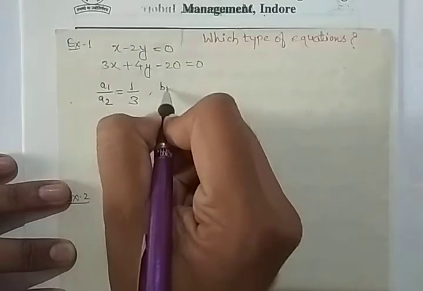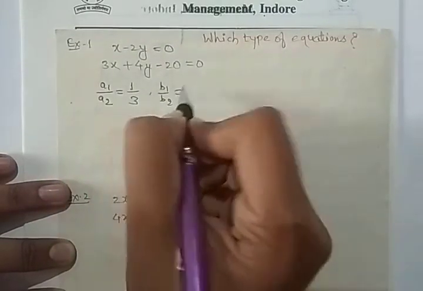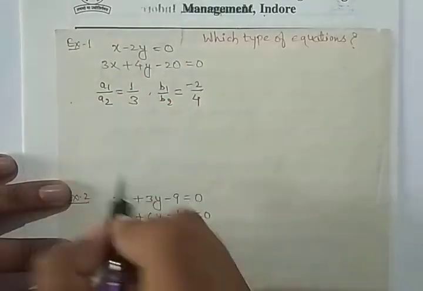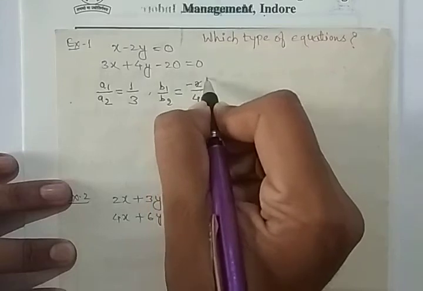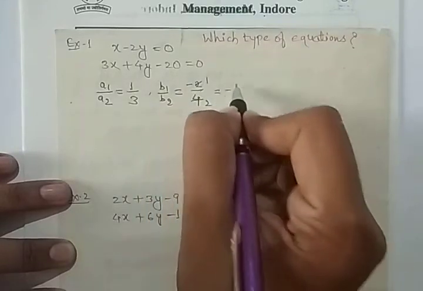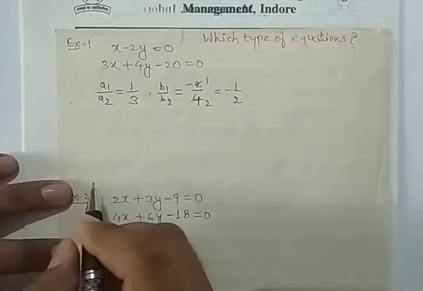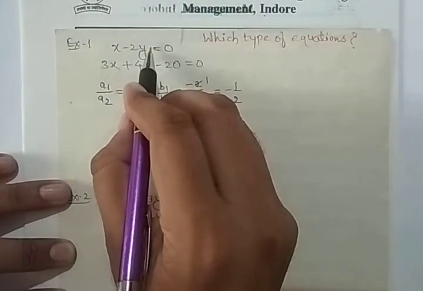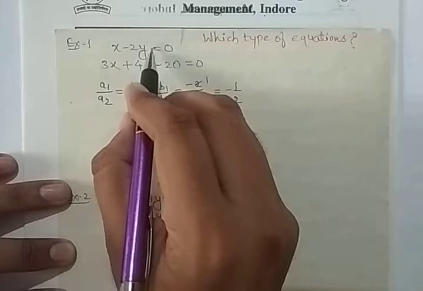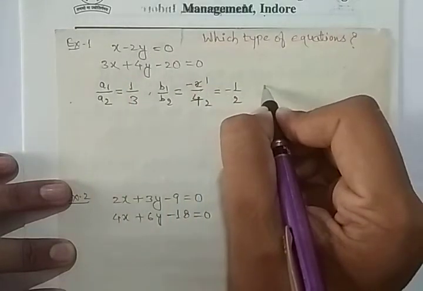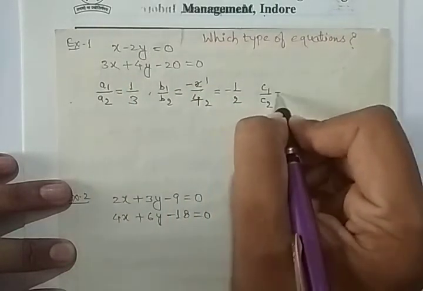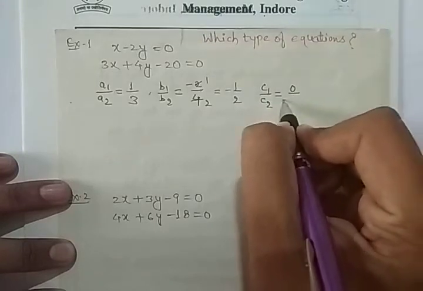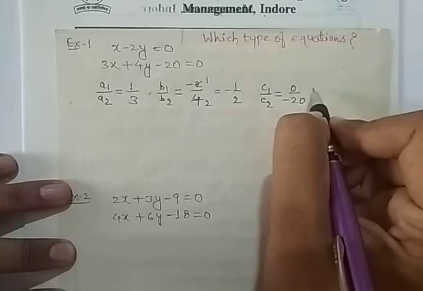Now the second ratio, b1 upon b2, will be minus 2 upon 4, that is minus 1 by 2. And the third ratio: here there is no constant, it means 0. So c1 upon c2 will be 0 upon minus 20.